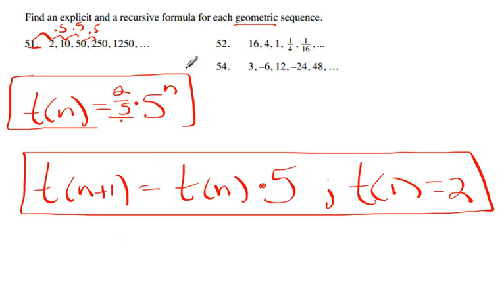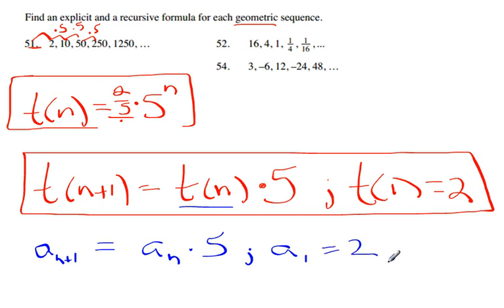Okay. Now I need to talk to you about the alternative format of this. Instead of t of n plus 1, they have a of n plus 1 this way: a sub n plus 1 equals a sub n, instead of t of n, a sub n times 5; semicolon, a of 1, so the first term is 2.